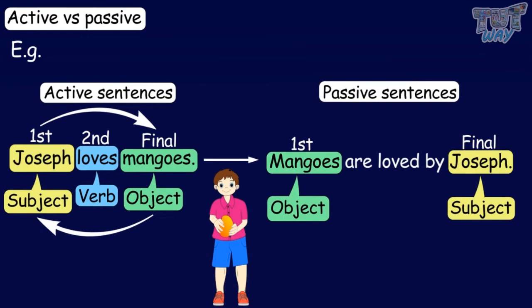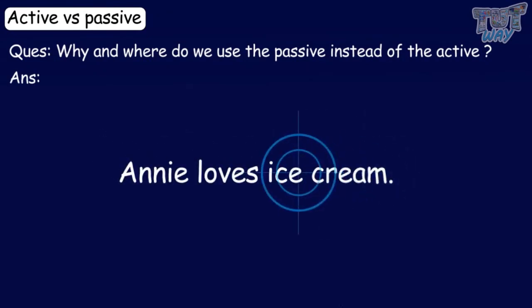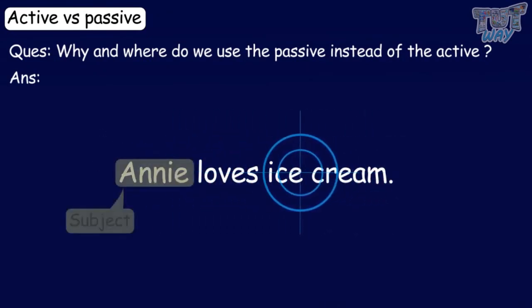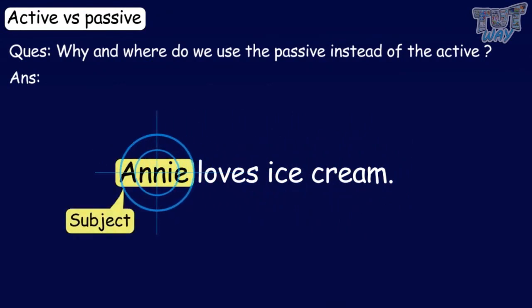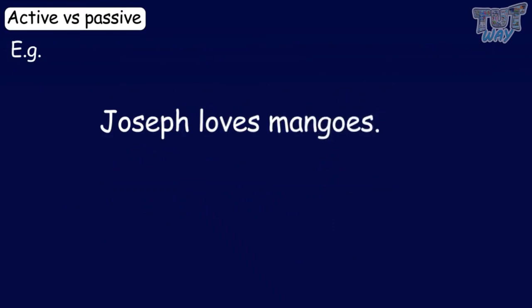You might want to ask, why and where do we use the passive instead of the active? Here's the answer. When we make an active sentence, the focus of the sentence lies on the subject and not on the object. For example, Joseph loves mangoes.